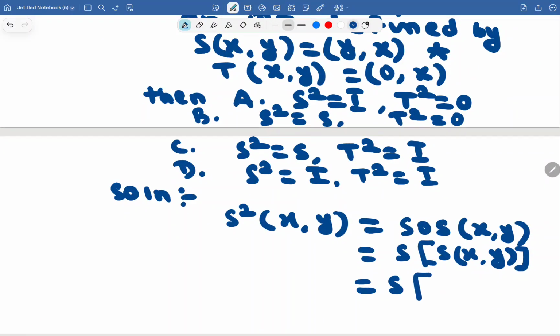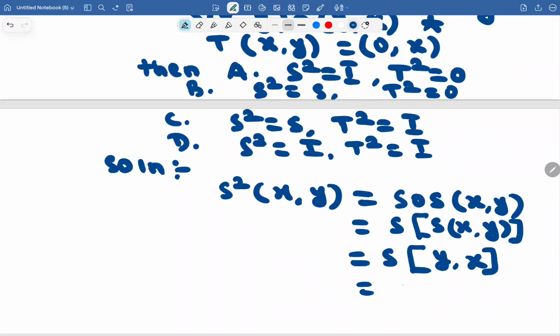S composition S means S of S of x comma y, which is equal to S of y comma x. See, S of x comma y is y comma x. In the first position x we have y, in the second position y we have x.